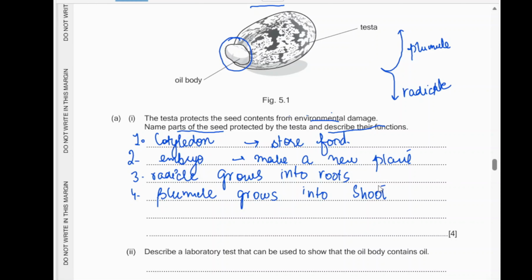Which test do we use for oil? That is called the ethanol emulsion test. Of course, for fats we use this test only. Oil can be present anywhere and would be tested with exactly the same test.